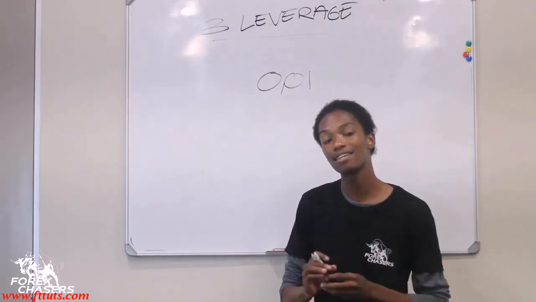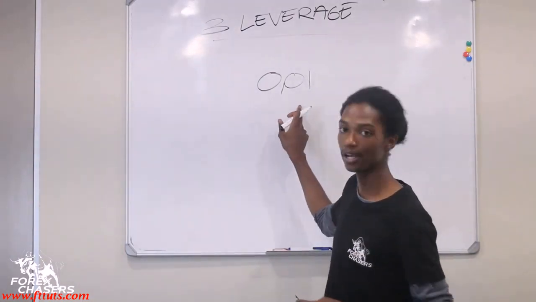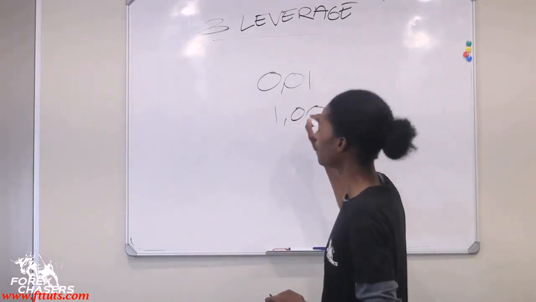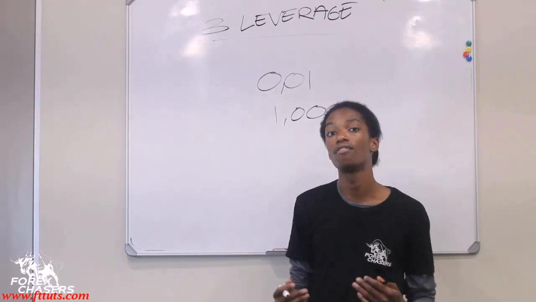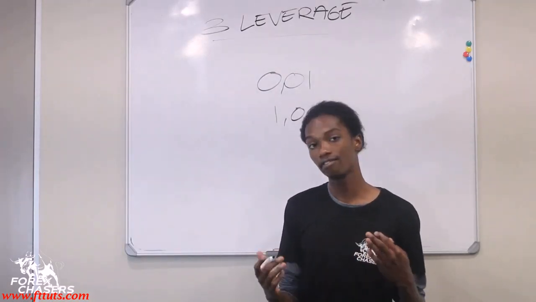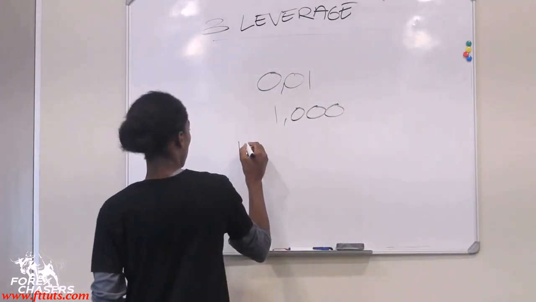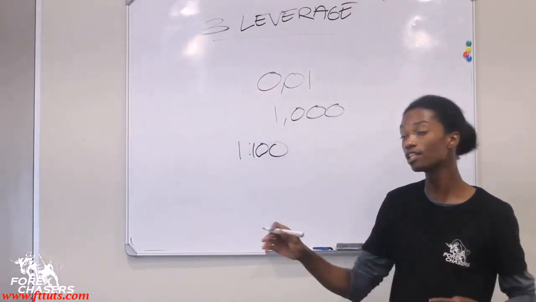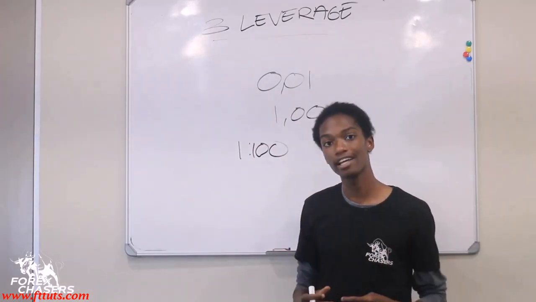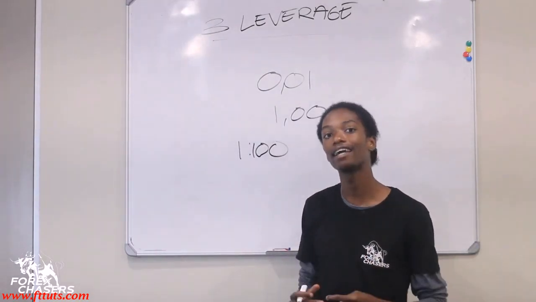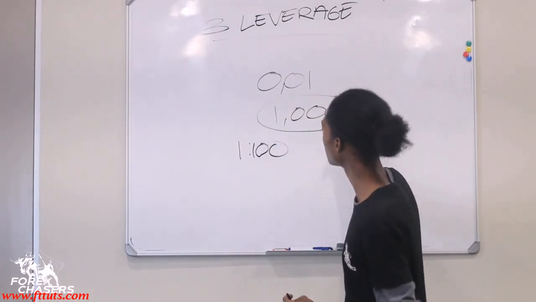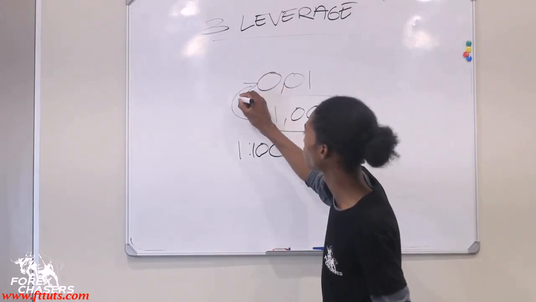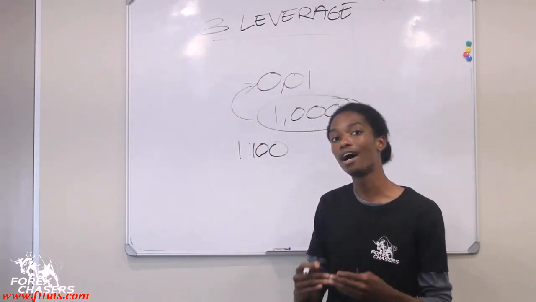0.01. Now we understand that 0.01 equates to 1,000 units of currency. Now let's say our broker is offering us, for example, a leverage of 1:100. What this would mean is that the broker is willing to multiply the units of currency that we are able to control with 0.01 by 100.